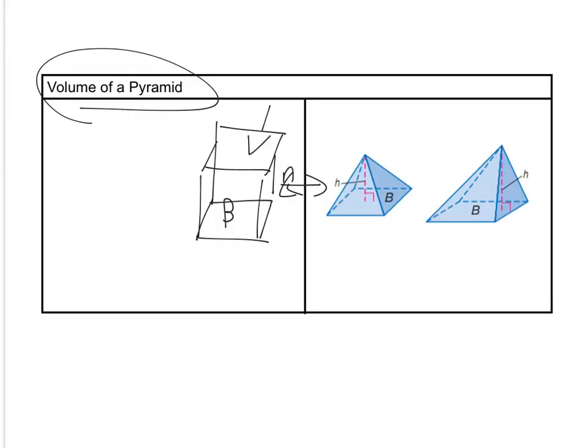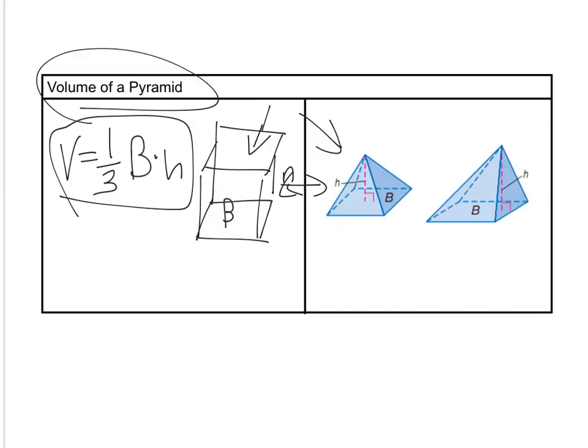This is going to hold a lot more than this will. So the way it works is this: you still take the area of the base times the height, and then you divide by 3. So it ends up holding 1/3 as much as a prism with the same dimensions.